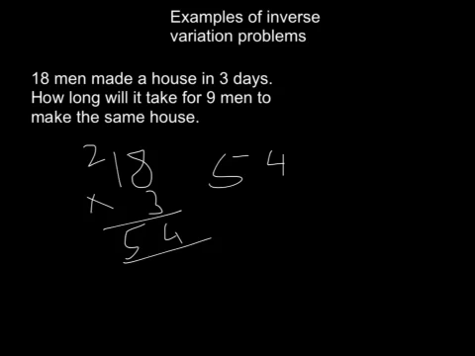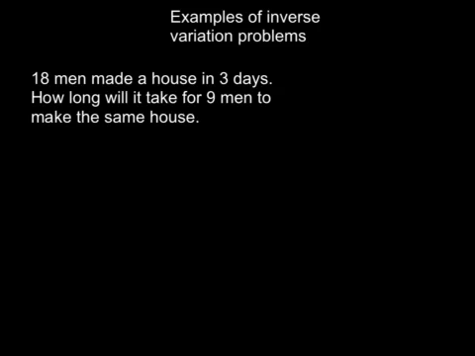So now we have to find how long it will take for 9 men to make it. So we have to do 54 divided by 9. So 3 goes 3 times, and 3 goes how many times in 54? Let's think.